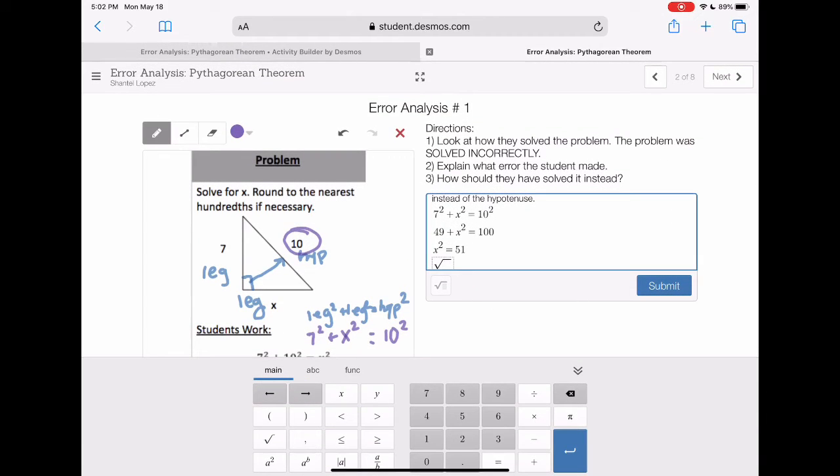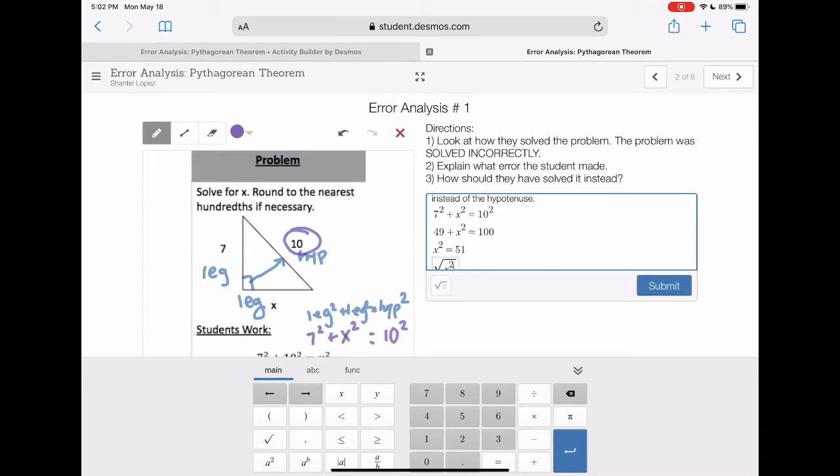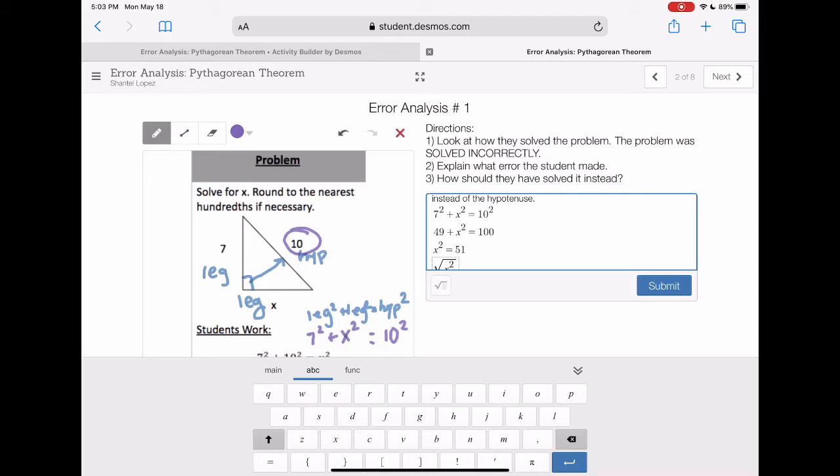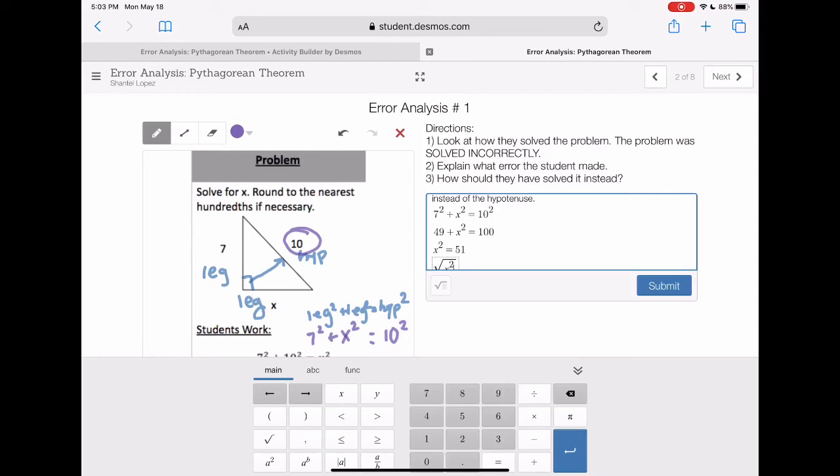So square root of x squared equals, I don't want that under the radical sign, so you're going to have to press your forward arrow. So this one right there equals square root of 51.